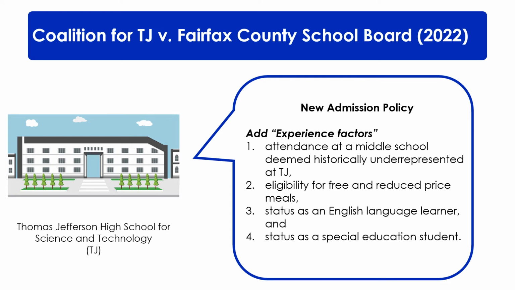A group of parents brought this new admission policy to court, claiming that the admission changes at TJ would discriminate against Asian American students. To decide whether the new admission policy was constitutional or not, what scrutiny test should be applied here? Is it the rational basis test or the strict scrutiny test?